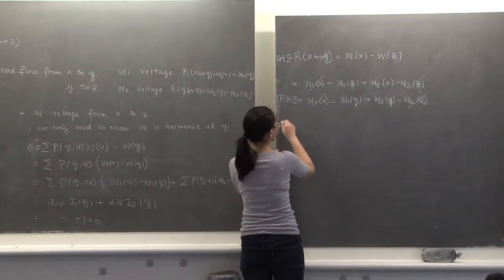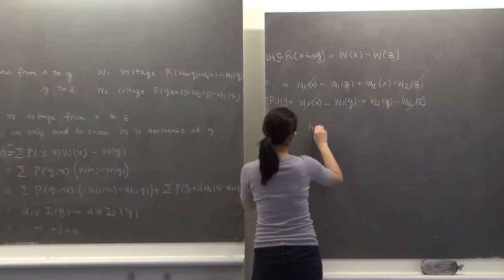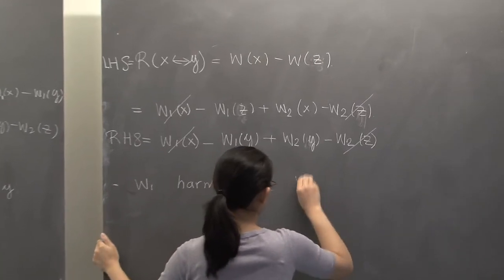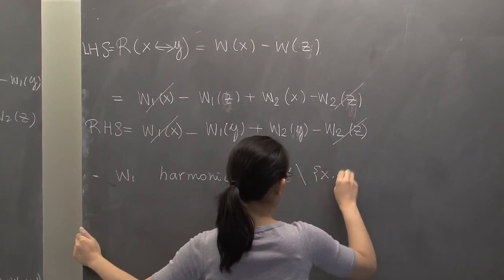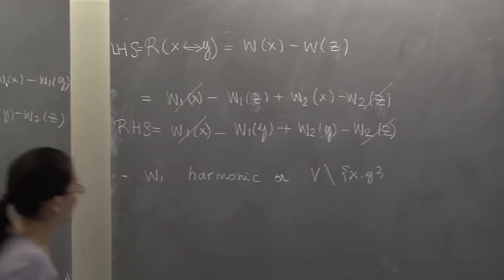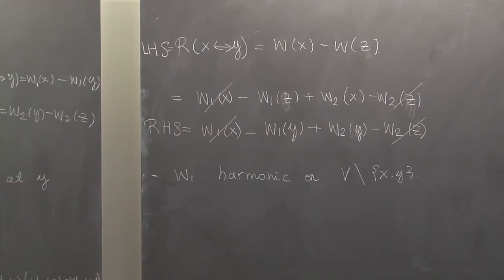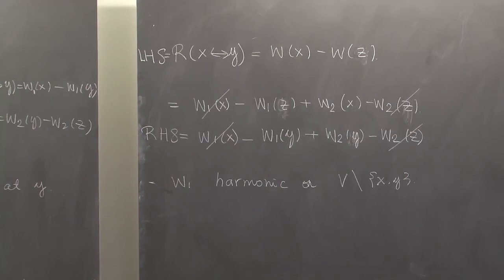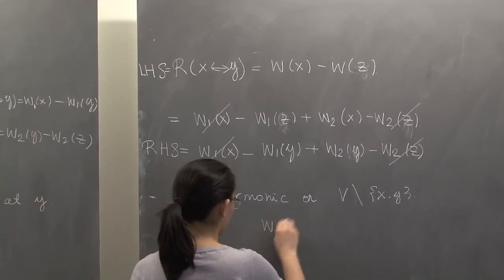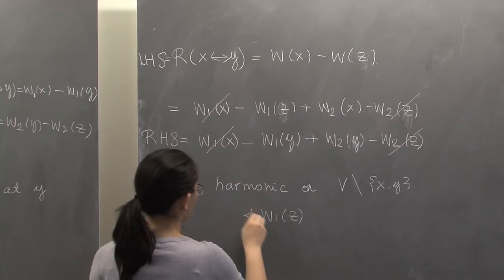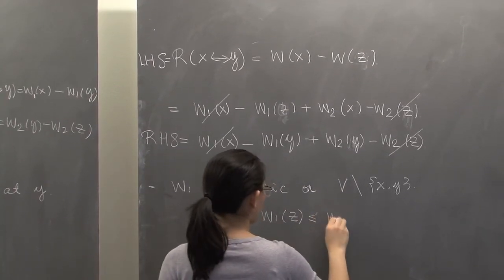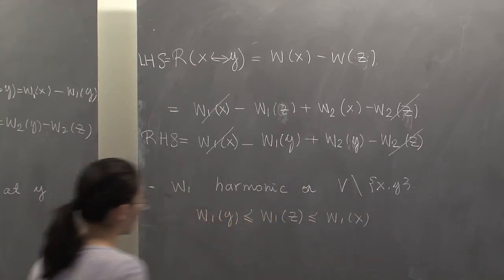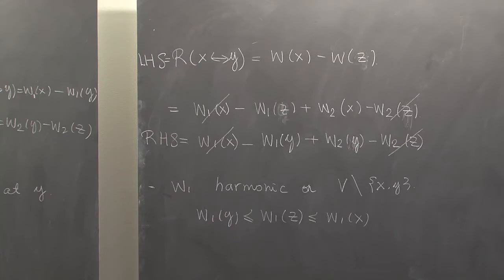So first observation is W1 is harmonic on V minus X and Y. And for a harmonic function, we know that it attains its max and minimum on the boundary. So this tells us W1Z has to be between W1X and W1Y.